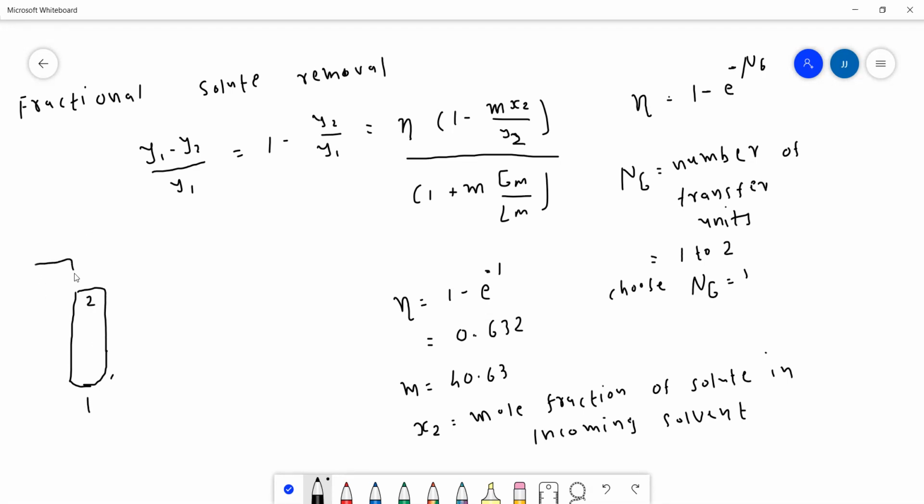Here is the gas flow rate, and here is the liquid flow rate or solvent, which in our case is 1% lime solution. So here x1 is the mole fraction. Sorry, this is y1. Sorry, y2.